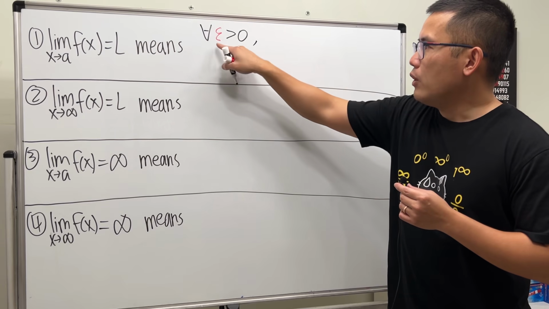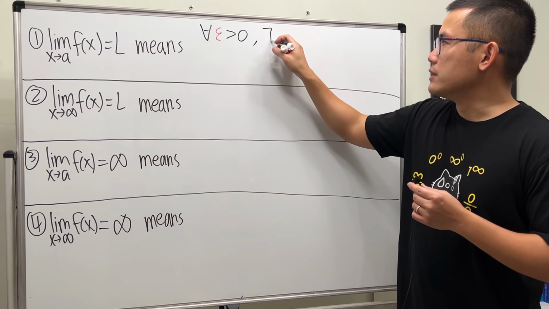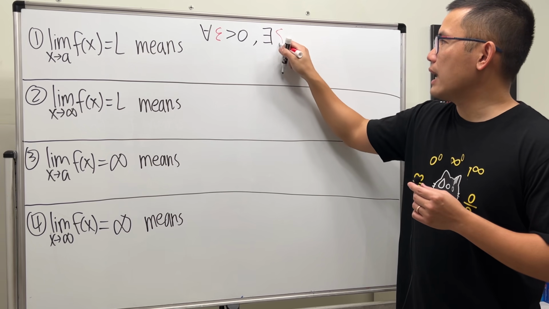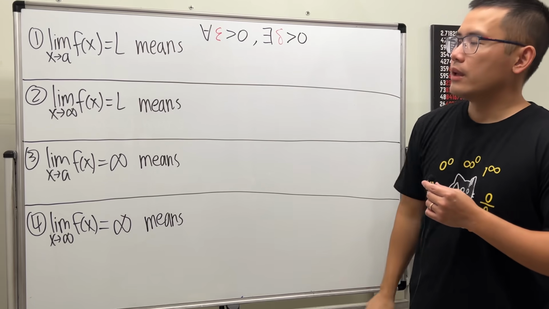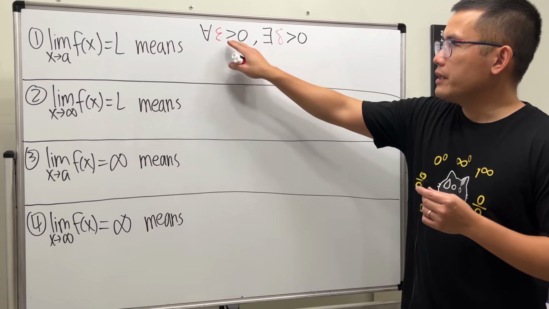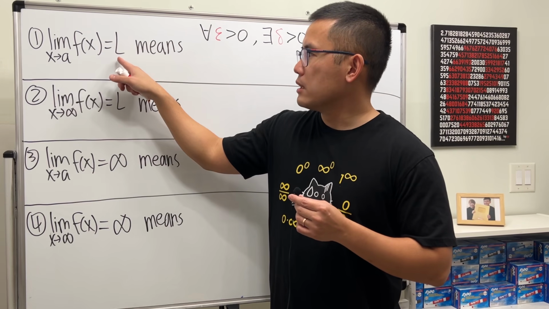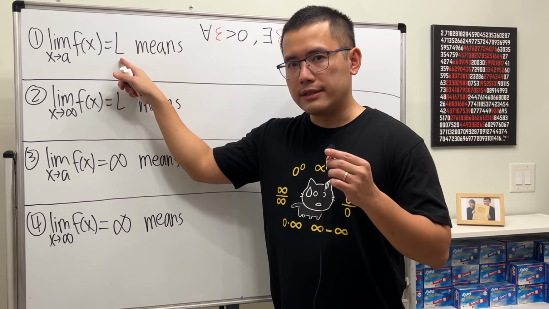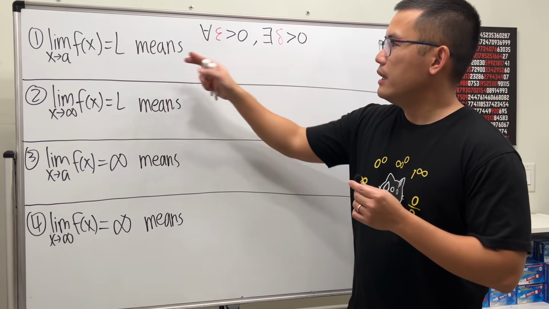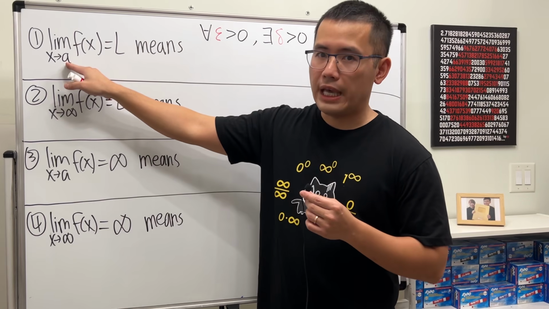We start with for all epsilon greater than 0, and we say there exists a delta greater than 0. What this is going to say is that the function can be as close to L as you want if x is close enough to a.